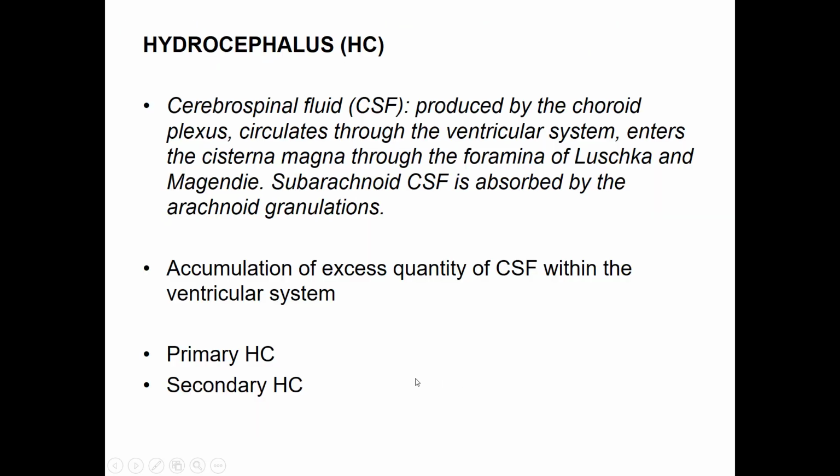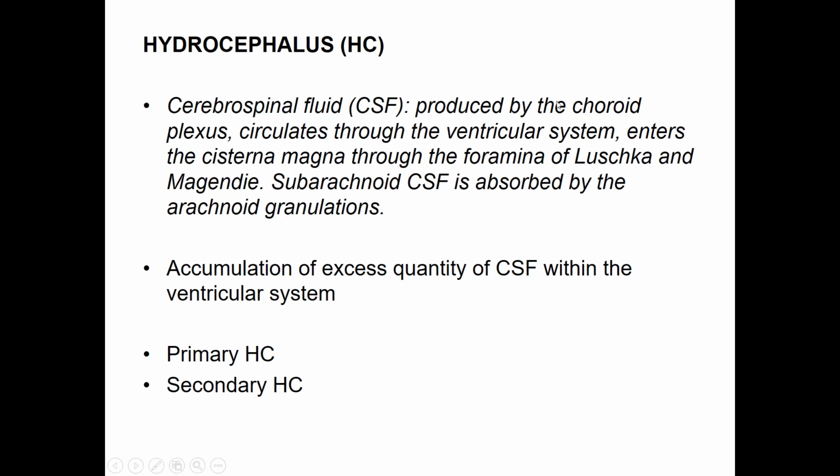And the next topic to cover is hydrocephalus. As we know, hydrocephalus results from excessive production of cerebrospinal fluid, or CSF, or decreased resorption of the cerebrospinal fluid through the arachnoid granulations.